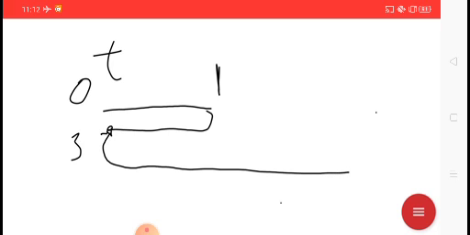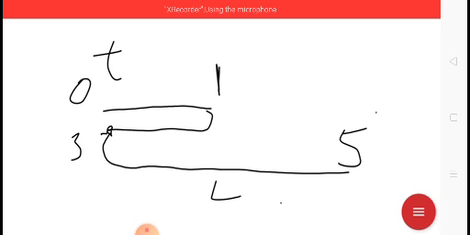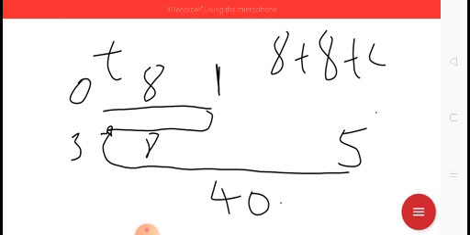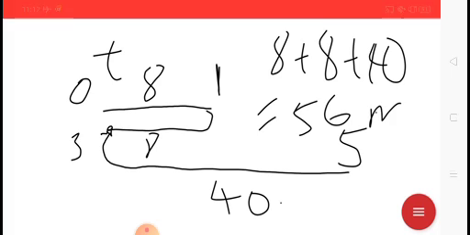When t equal to 5, it is at 40 meters. So this is 8, this is 8, and from the diagram the total distance will be 8 plus 8 plus 40, so the total distance is 56 meters. This is the way for you to calculate it. So this is for question 3.